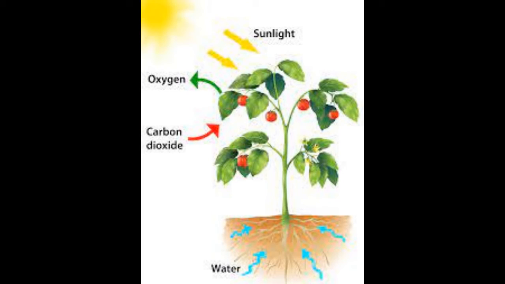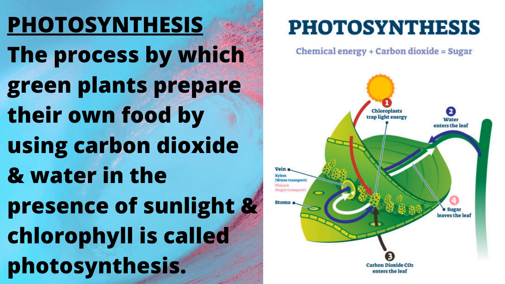So, from this definition about autotrophic nutrition, did you all understand that green plants can prepare their own food? Yes. So, do you know what is the name of that process by which green plants can prepare their own food? Yes, it's the process of photosynthesis. And I think you might have learned about photosynthesis in your smaller classes.